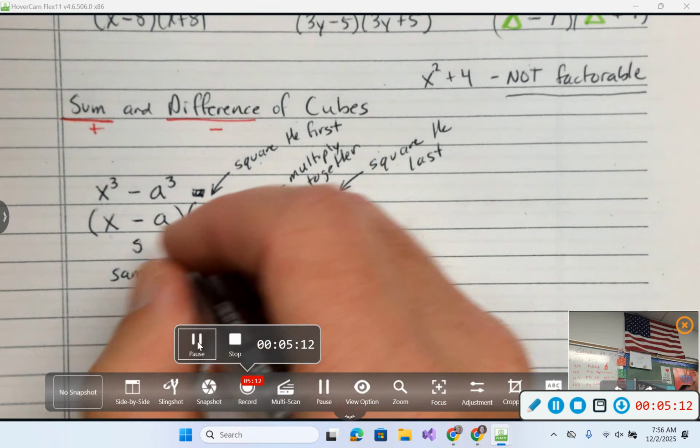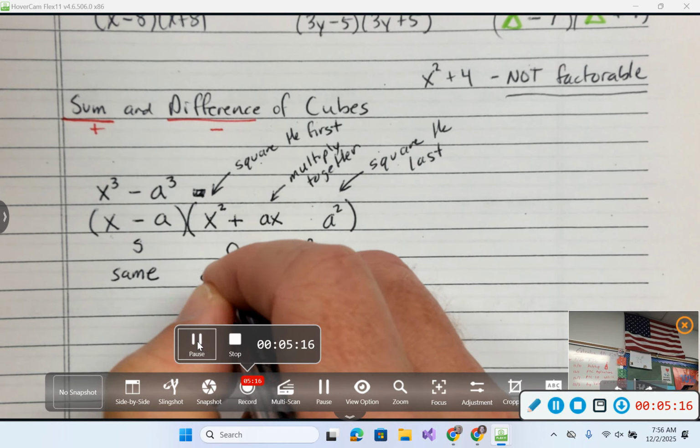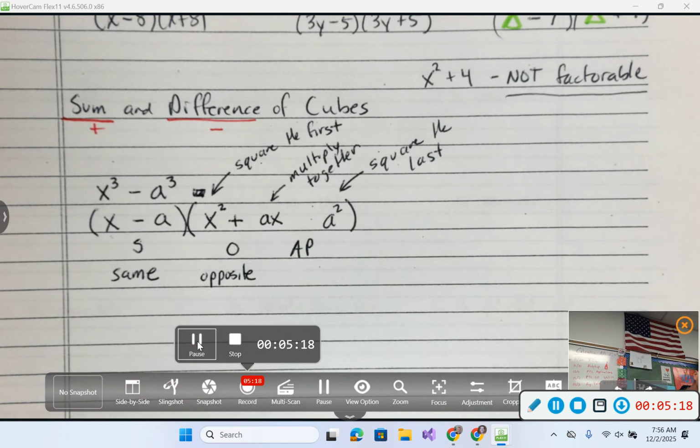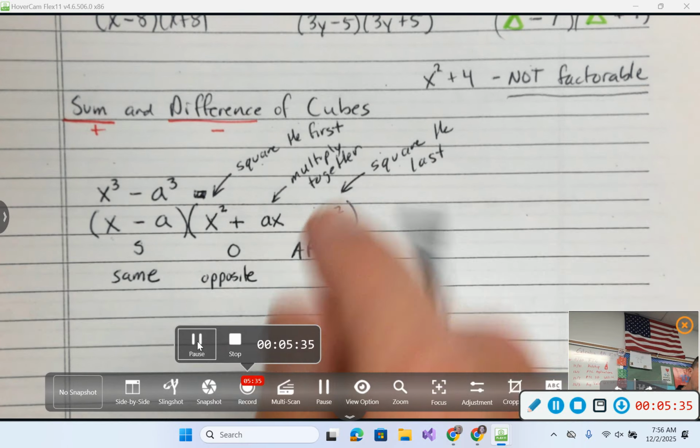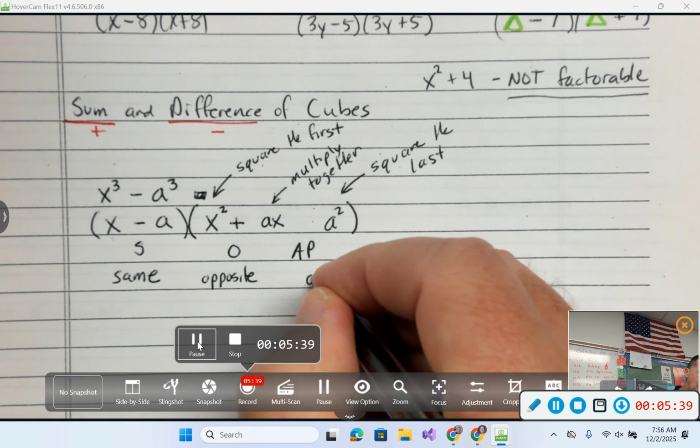Opposite. So if we started with a negative, this next one will be positive because it's always the opposite sign. And you want to guess what AP might stand for? It's two words. The first one starts with A, the second one starts with P. And it has to do with signs. It tells you which sign it is. How about P? What sign starts with P? Always positive.